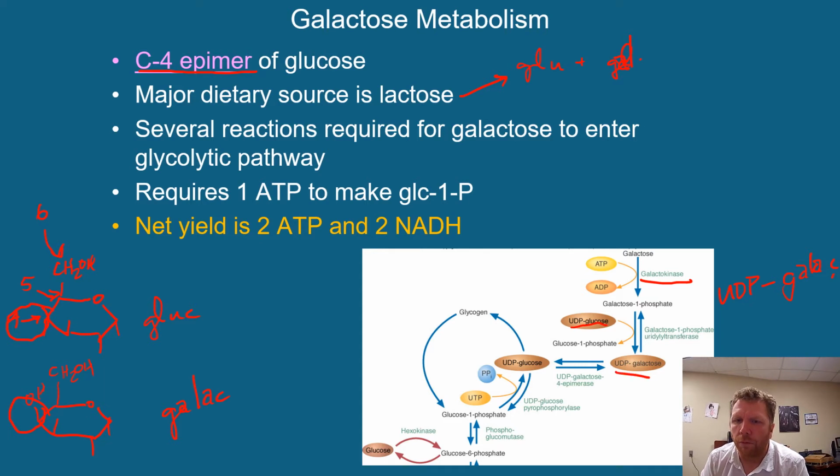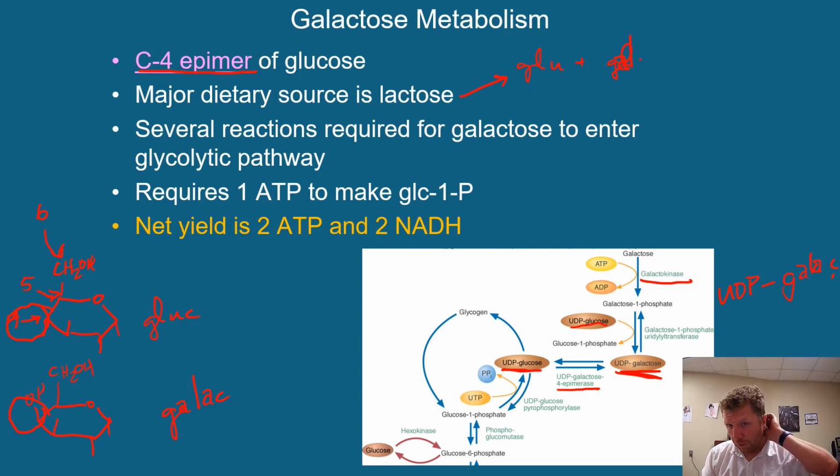Now, once you've formed UDP galactose, it is treated by the enzyme UDP galactose 4-epimerase. So what that is going to do is take UDP galactose and make UDP glucose.